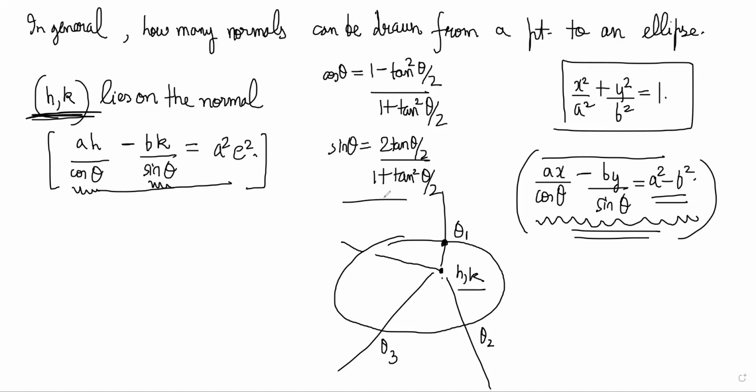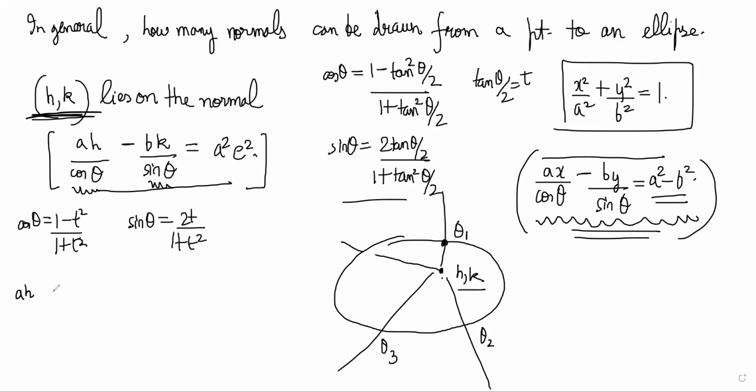If you take tan theta by 2 as t, you'll have cos theta as 1 minus t square by 1 plus t square, and sin theta as 2t by 1 plus t square.